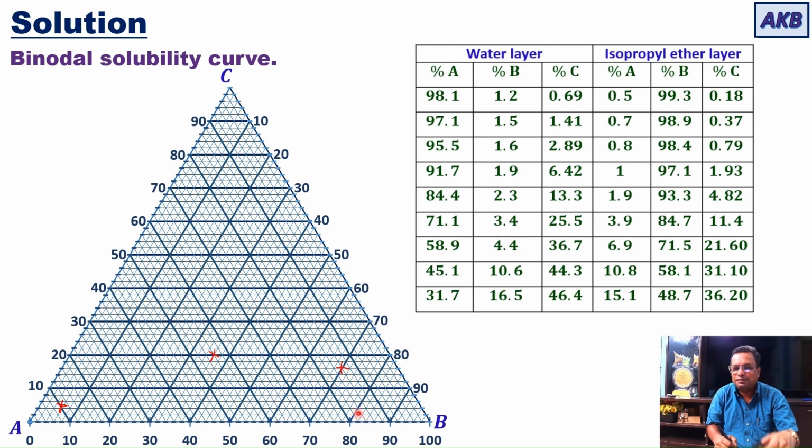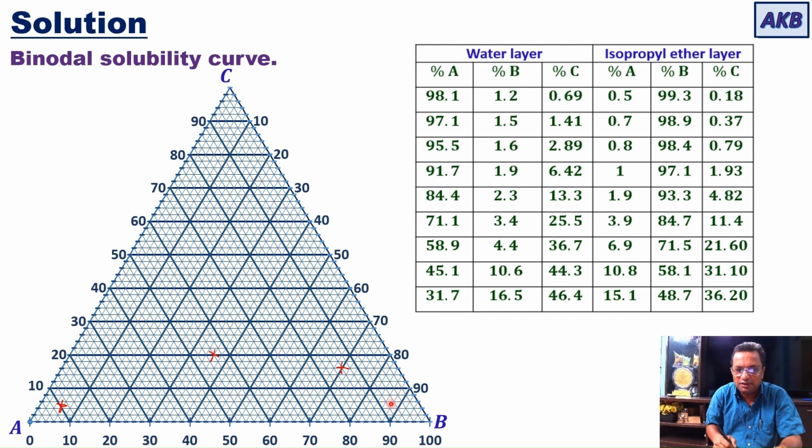So this is how you have to plot compositions of each component in the mixture, and we are going to use the same technique for plotting the binodal solubility curve. So these lines, that is lines parallel to the side BC, will give percentage of A in the mixture.